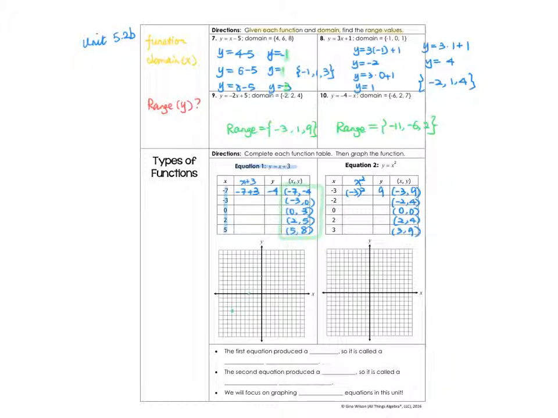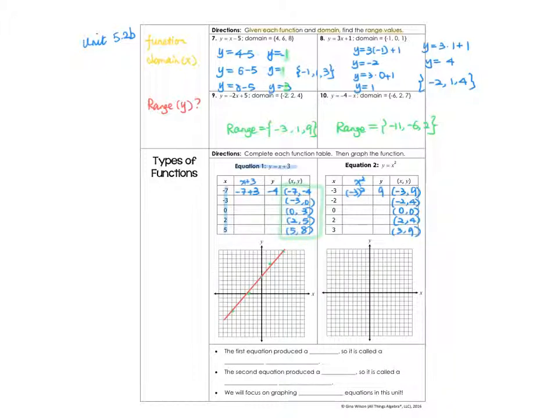0, 3 is right here. 2, 5 is right here. 5, 8 is right here. Now, really within 2 or 3 points, more like the first 3 or 4 points, you have already discovered the pattern here, if you've noticed it, that if you just connect the dots, it gives you a straight line.